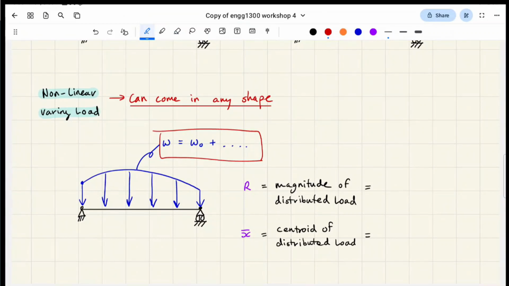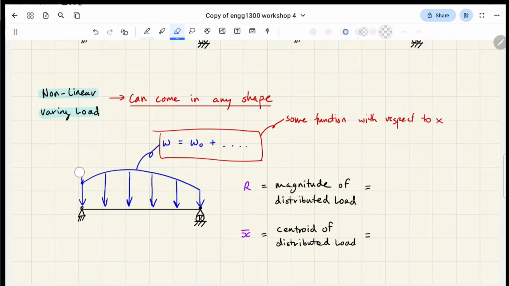I've also seen one with a square root of x. It's some function with respect to x. And W naught just means the initial distributed load magnitude. That's usually what it refers to.